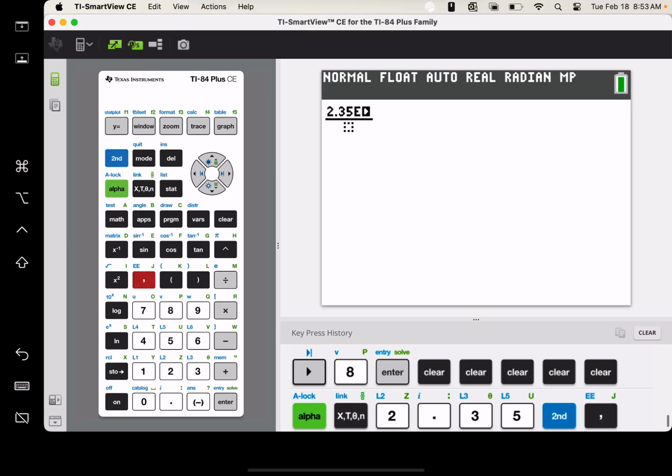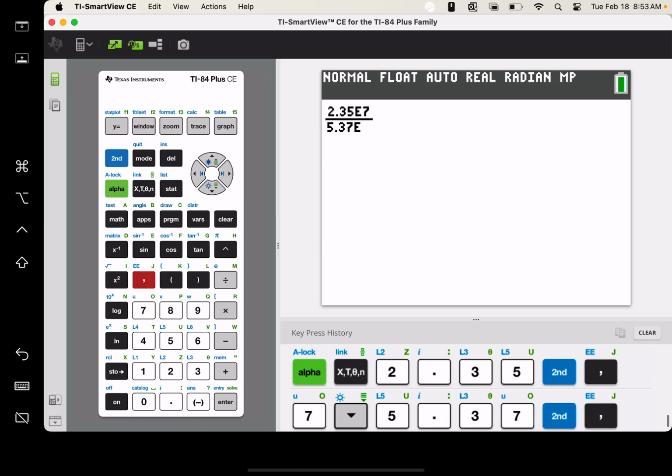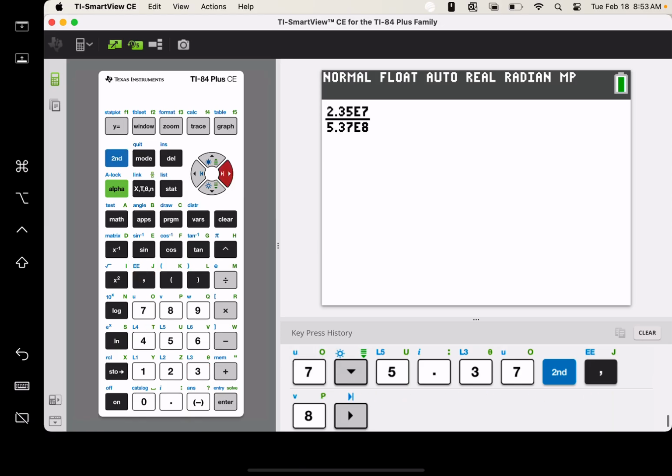And that adds the E. Remember, E just stands for times 10 to the, so I'm just going to type 7. And then on the bottom, we had 5.37 times 10 to the 8. If I do that, I get 0.044.